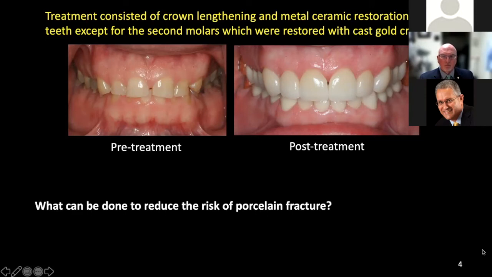What can be done to reduce the risk of porcelain fracture?